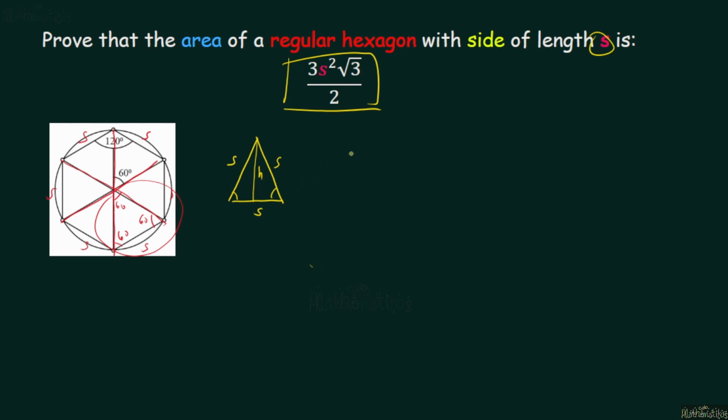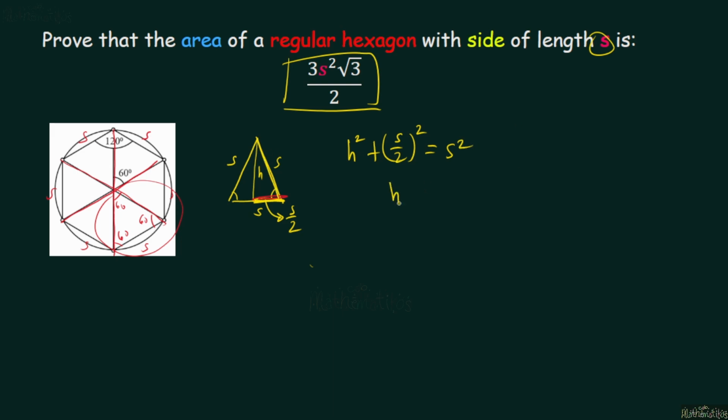So the height is equal to h squared plus, so this side here must be S over 2. S over 2 squared is equal to the hypotenuse S squared.